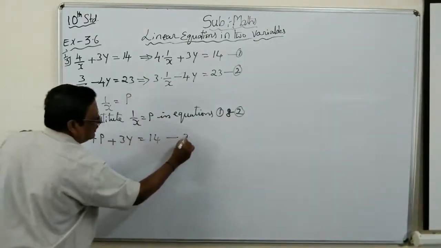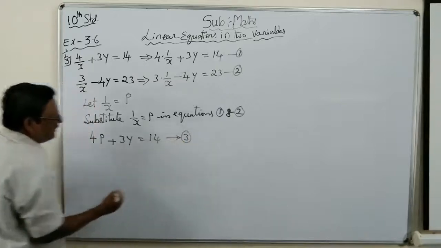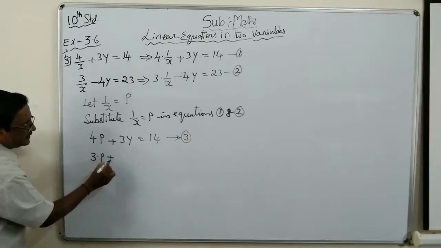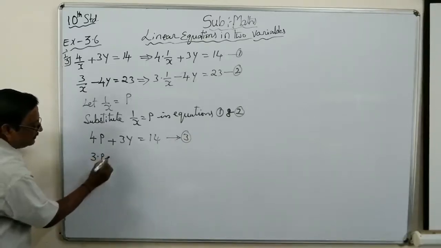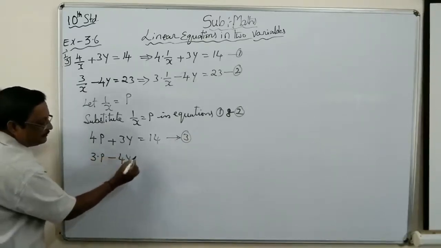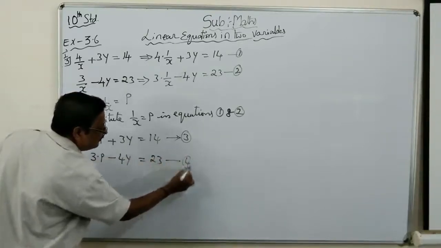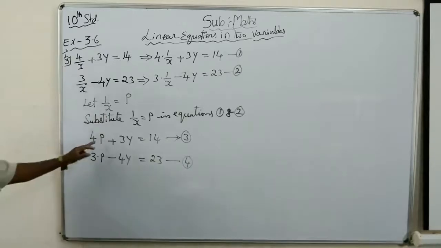This is equation number 3. Next, 3 into 1 by x is 3p, minus 4y is equal to 23. This is equation number 4. These two are linear equations.